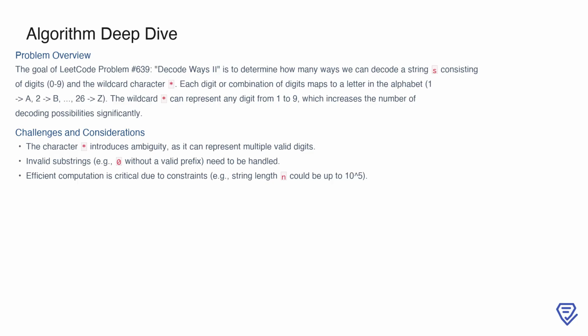This ambiguity leads to a significant increase in the number of decoding possibilities. Additionally, we need to handle cases where substrings are invalid, such as those containing a 0 without a proper prefix. Given that the string length n can be very large, up to 100,000 characters, our solution must be efficient in both time and space to handle these constraints effectively.